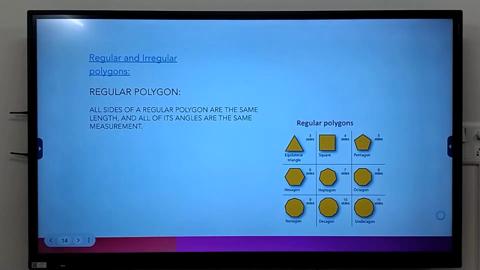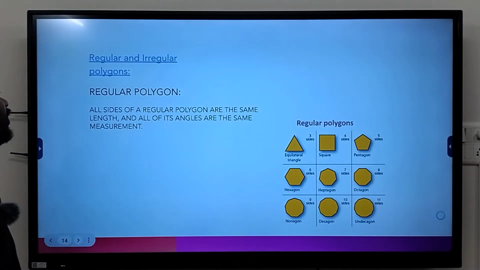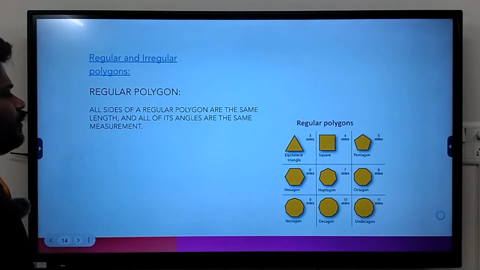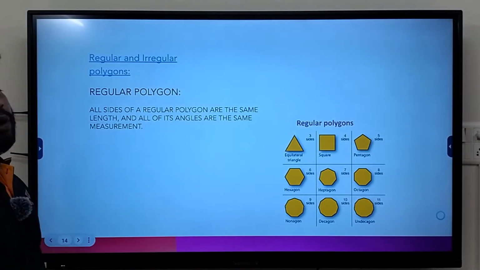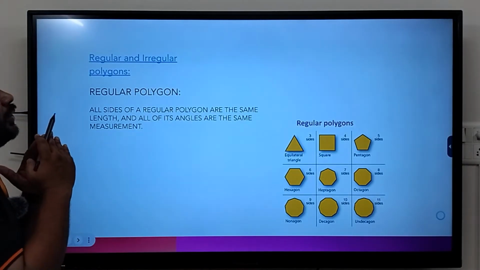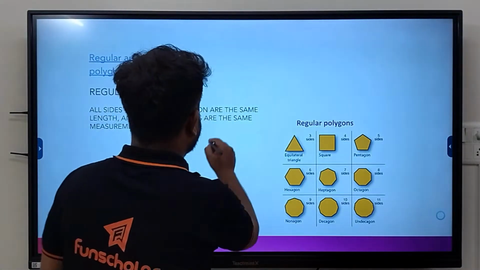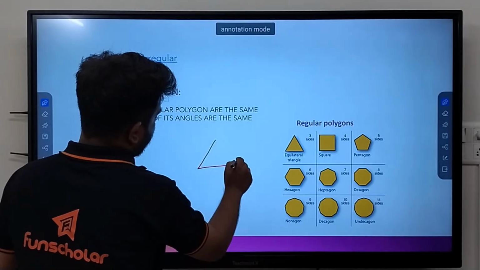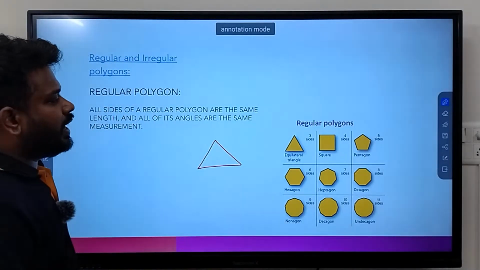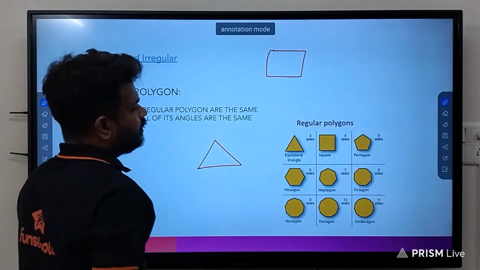Okay, regular and irregular polygons. All sides of a regular polygon are the same length and all of its angles are the same measurement. Just like this triangle, square, they all are polygons which will be called regular polygons, because like this one, an equilateral triangle has all sides equal, a square also has all sides equal, right?